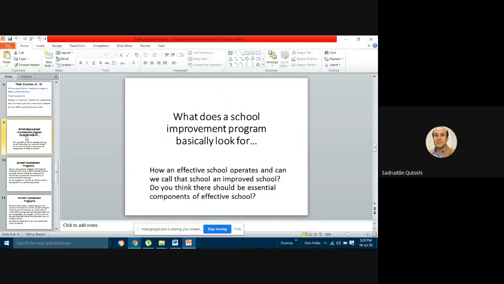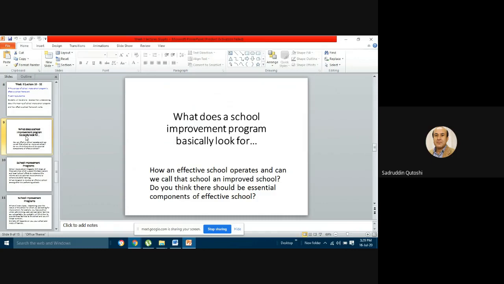The question arises, when we look at this concept, school improvement program, the first question that comes to mind is, what does a school improvement program basically look like? When you look at this question, so many things come to your mind.